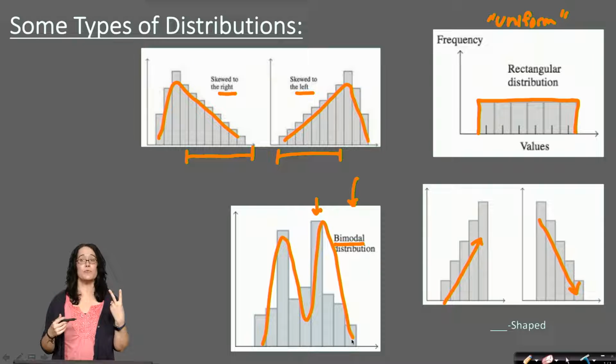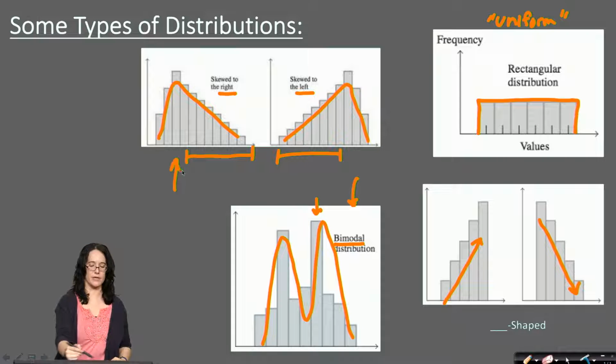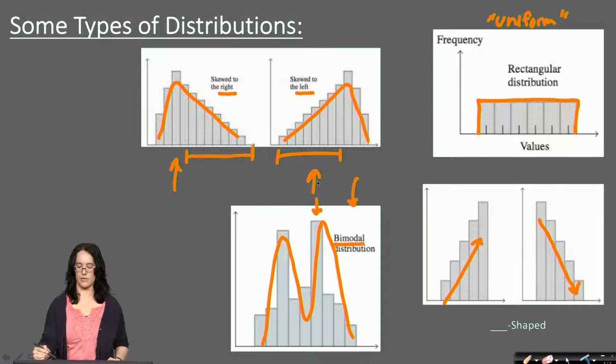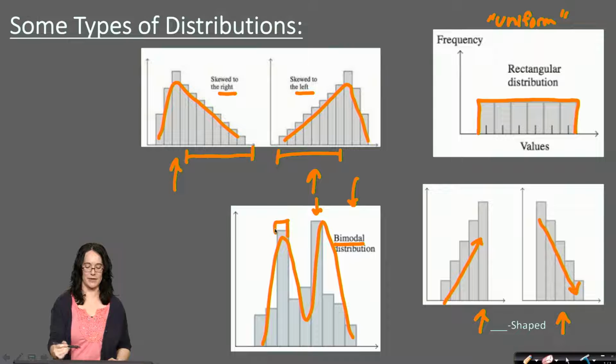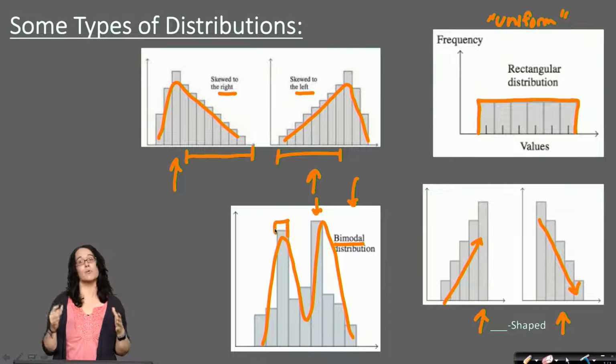So when you have two peaks and not just the one peak like you do in these other cases, we consider this bimodal. Now, technically, I know we remember that mode meant the most, so you're expecting there to almost be like a tie, that they're the exact same height. But when we're talking about the visual representation of your histogram, this is a clue that we have something called a bimodal distribution, so two peaks, not just one.